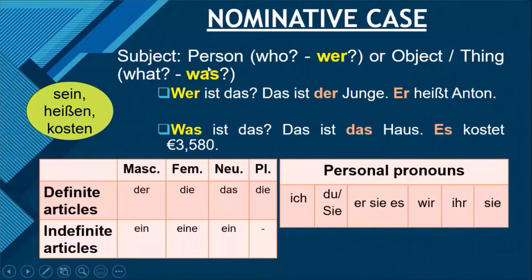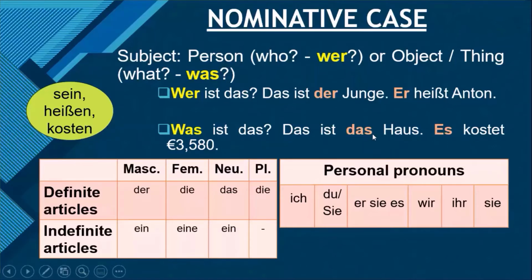Then if the subject is an object or a thing, then the question is what or was in German. So was ist das? What is that? Das ist das Haus. That is the house.